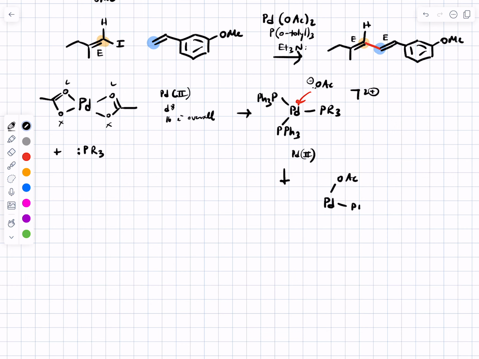And again, what I'm showing you is cobbled together from a couple of different sources. It's outside the area of my expertise, and it's beyond the scope of what I might ask you on an exam, but I do want you to have some idea of how you get from palladium 2 to palladium 0.